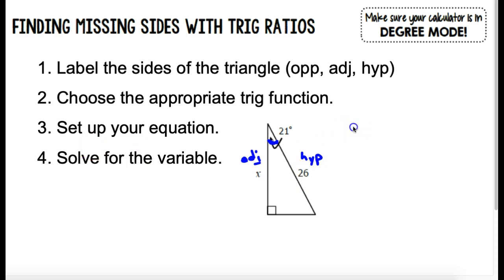So my setup here is going to be cosine of 21 degrees equals adjacent over hypotenuse, x over 26. To get x by itself, I'm just going to multiply both sides by 26. Those will cancel, and we can type 26 times the cosine of 21 degrees into the calculator.